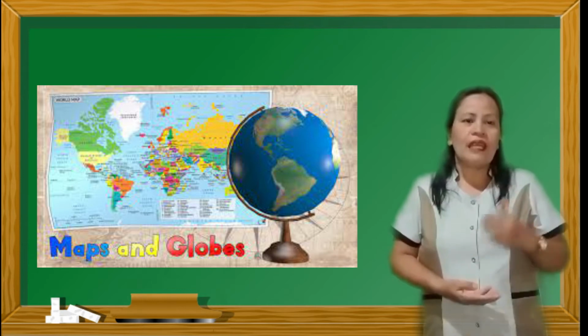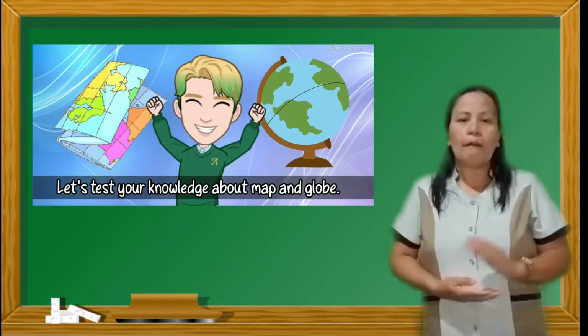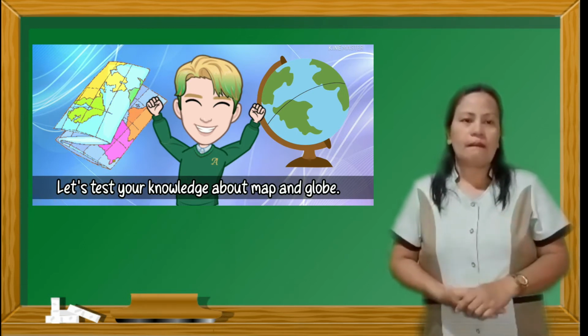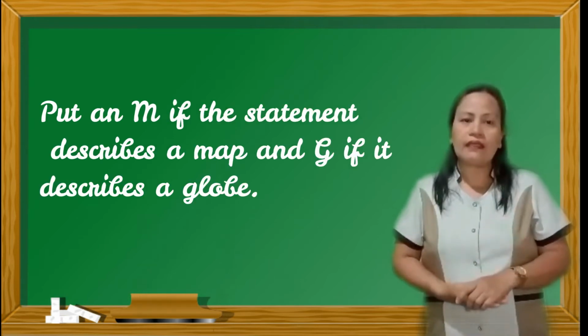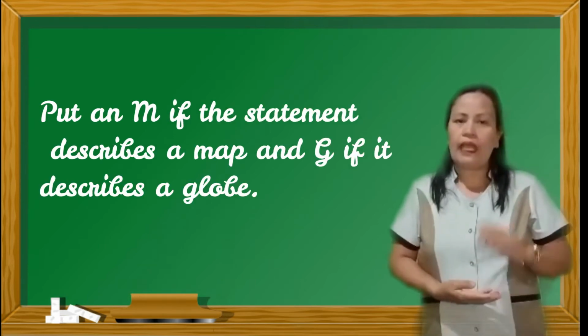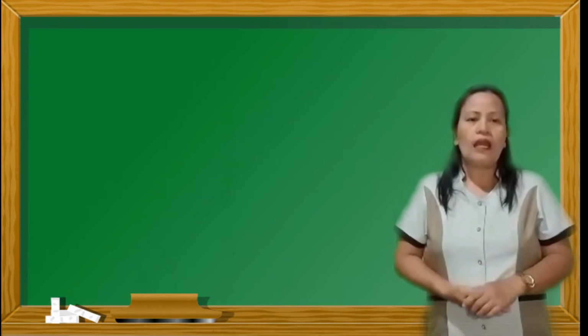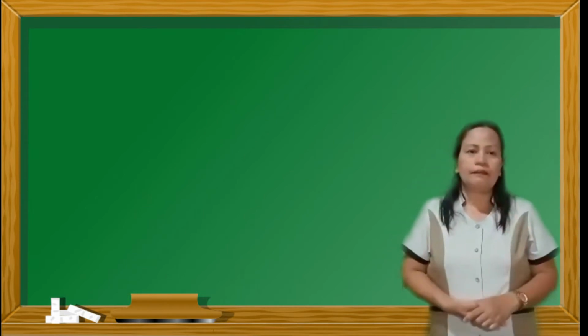Great! Let's test your knowledge about map and globe by answering this short activity. Put an M if the statement describes a map and G if it describes a globe. I will give you 5 seconds to answer each item. Number 1.